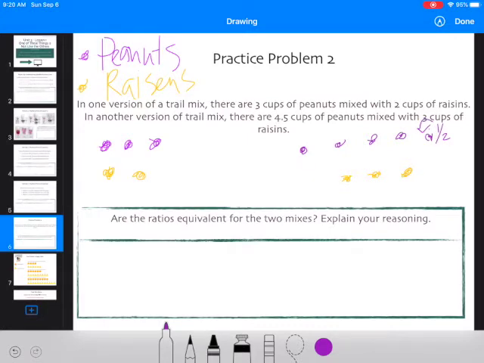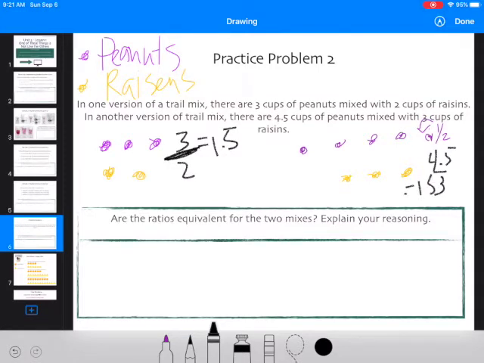Okay, so this one is 3 to 2, and this one is 4.5 over 3. So I have to figure out if they reduce to the same ratio. This line here tells me to divide, correct? So I'm going to take my calculator and divide 3 divided by 2 in that order, and I get 1.5. I'm going to do the same thing with the other one, 4.5 divided by 3, and again, I get 1.5.